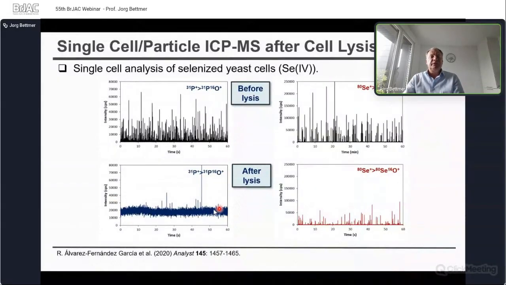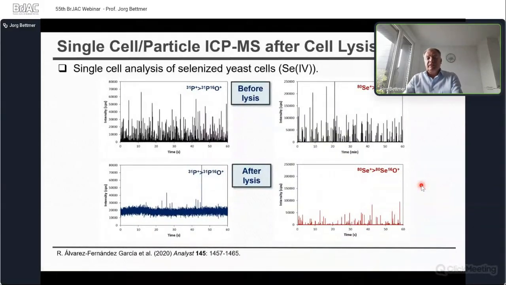The same picture for the phosphorus: an enhanced background and very few events, which basically means that more than 99% of the cells are destroyed and lysed. But the picture of the selenium is now completely different. Some events remain that indicate the presence of selenium-containing nanoparticles in the yeast.